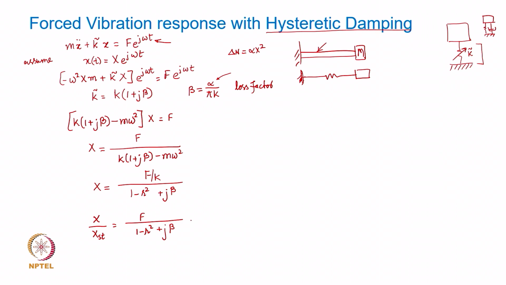I do not need to tell you how to reorganize this. It is going to finally look like square root of 1 minus r square whole square plus beta square.